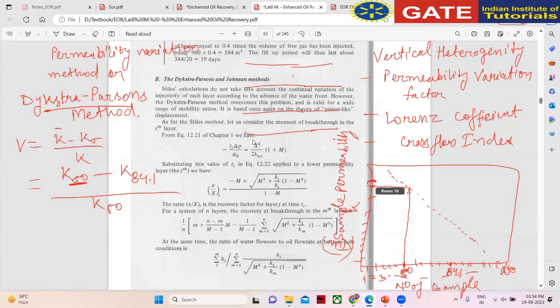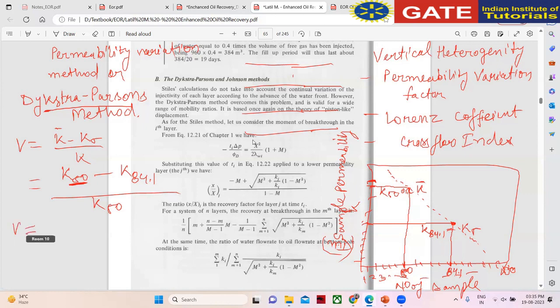Then draw the line from 84.1 on that line and draw a perpendicular, and read that value. This is the value of K84.1, this is K50, or K average, K bar, and this is K sigma. Directly you can calculate the permeability variation coefficient.